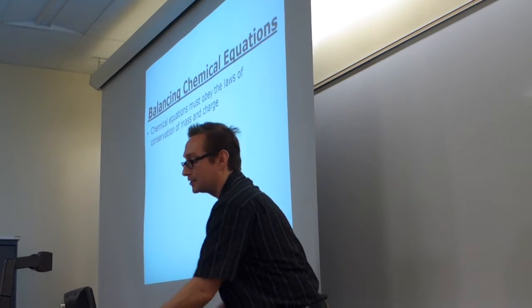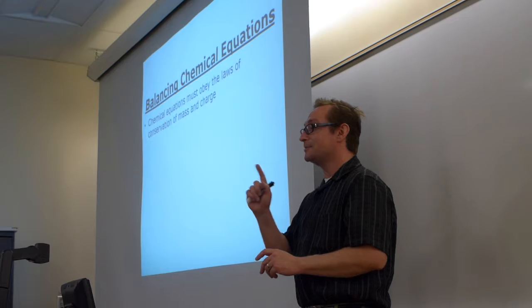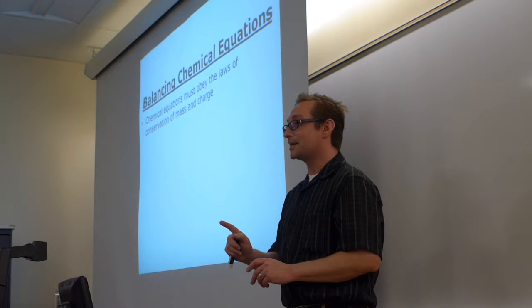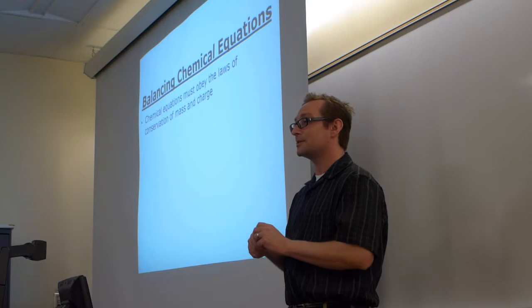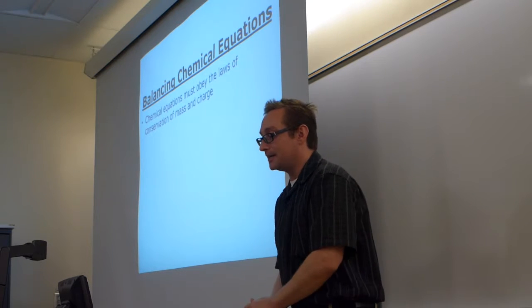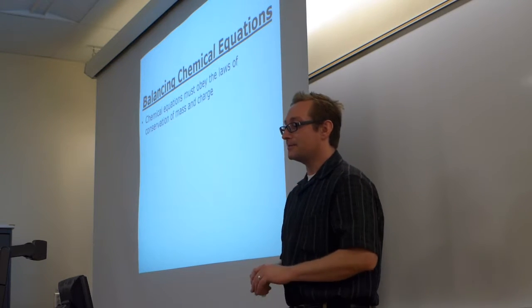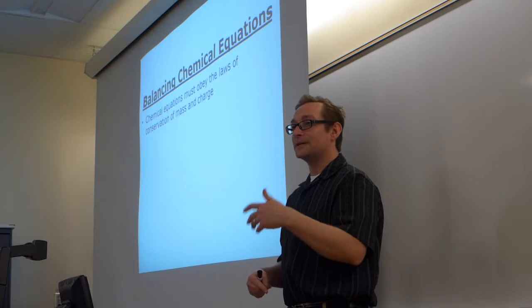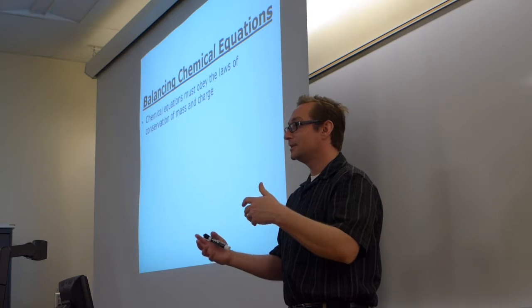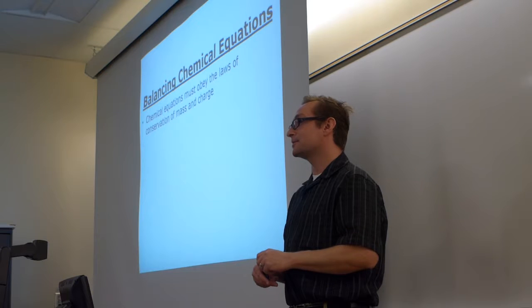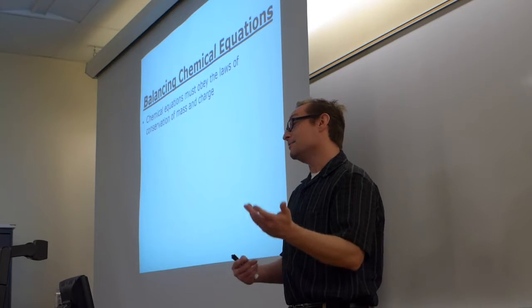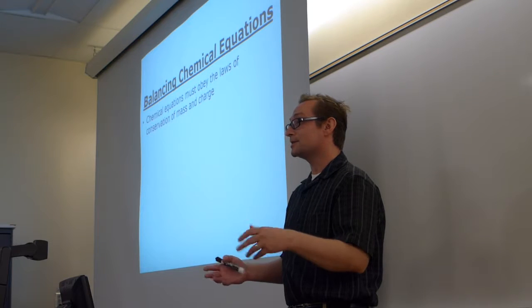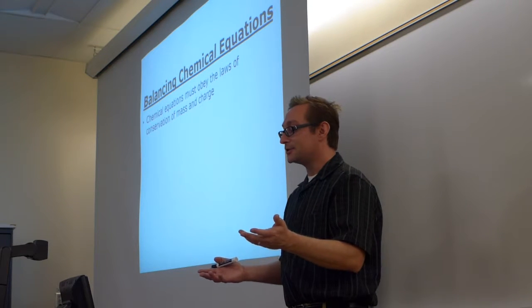So balancing chemical equations really involves one law that you must know. It's the conservation of mass, and then also conservation of charge when it comes to redox chemistry in particular. But mainly it's the conservation of mass. Conservation of mass means what? Well, mass is neither created nor destroyed in any process. That's a technical definition.